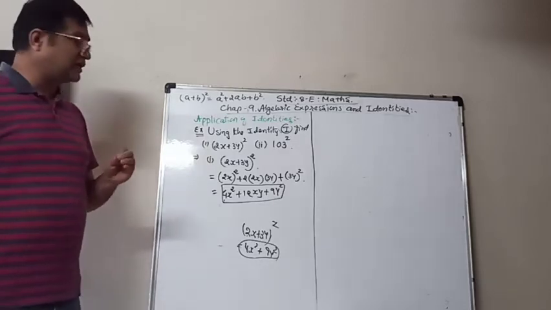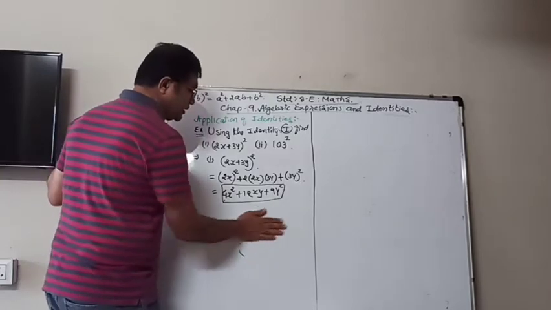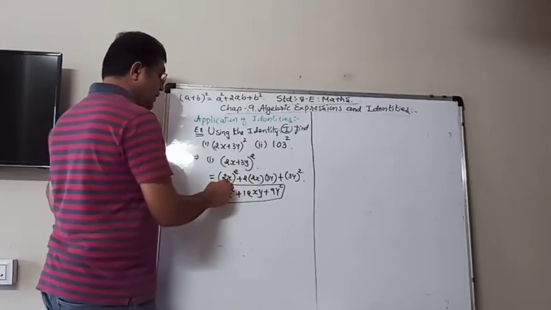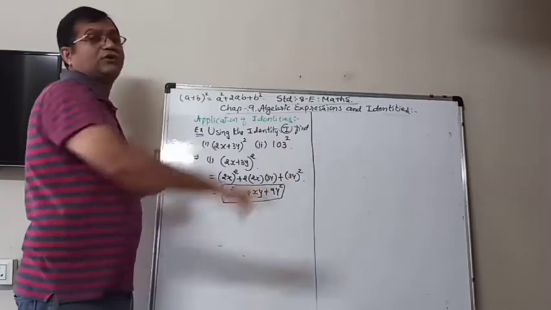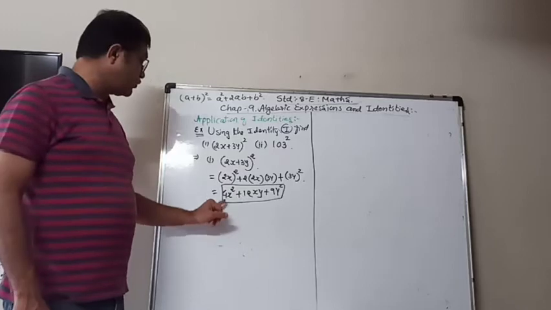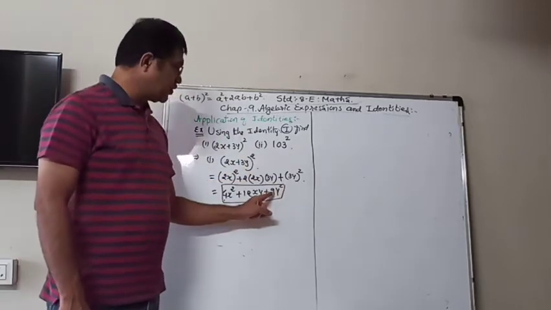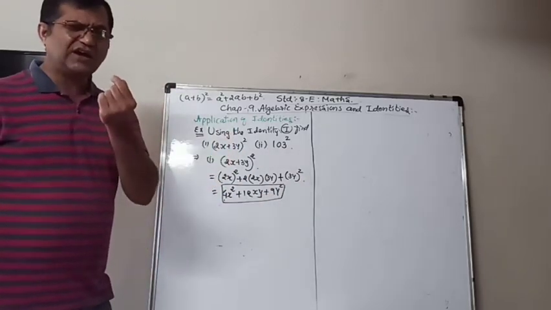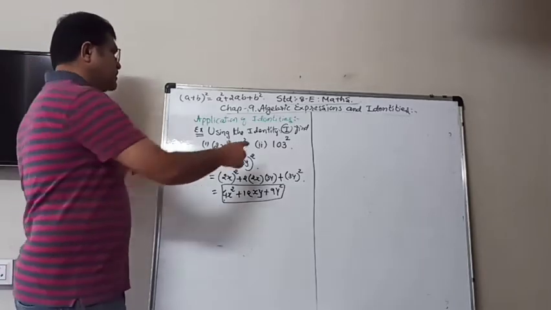If you don't remember the identities, you will miss this middle term and your answer will go wrong. And as I told you, brackets are very, very important. Otherwise you will write 2x square in place of 4x square. You have to write (3y) whole square, then only you will be able to write 9y square. So these are the small things you have to follow.